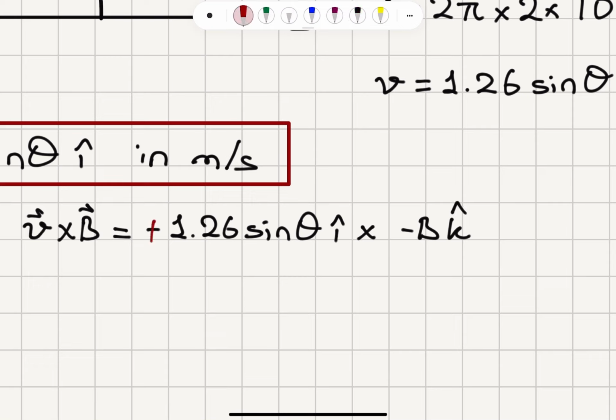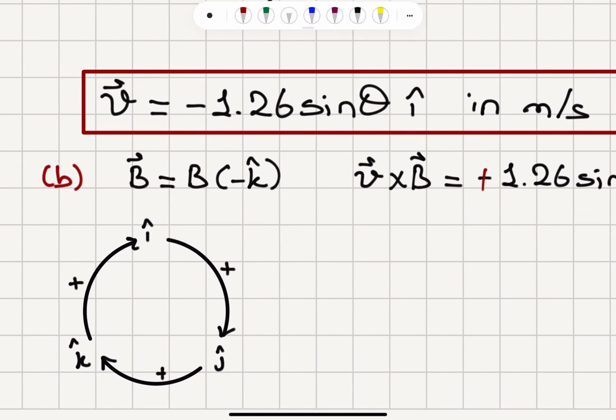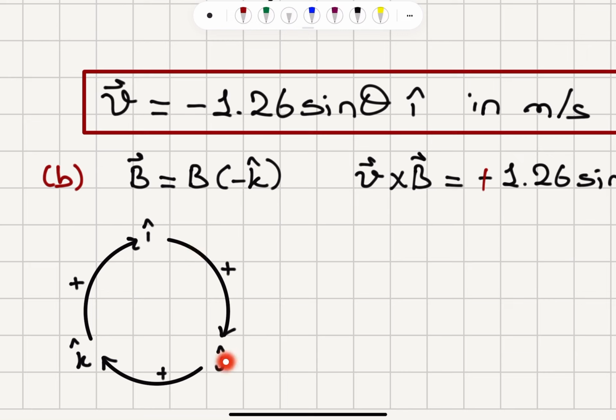The minus signs will disappear, and I'm left with i hat cross k hat. If I look at i hat cross j hat, that's k hat. j hat cross k hat, that's i hat. These are cyclic permutations. So k hat cross i hat is j hat, but i hat cross k hat is minus j hat.